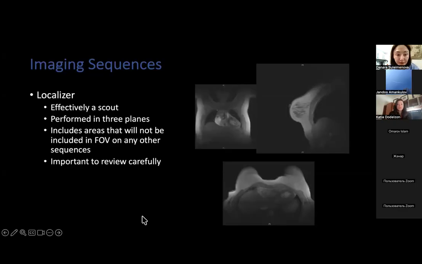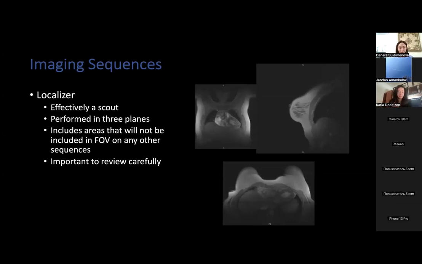So some of the first images that are obtained by the technologists are the localizer images. Usually they're obtained by the technologist to just ensure, it's basically a scout image, like on CT, like an X-ray, to ensure that they are covering the entire extent of the breast. That's why the technologist is doing it. It should be performed in 3 planes, so axial, sagittal, and coronal.